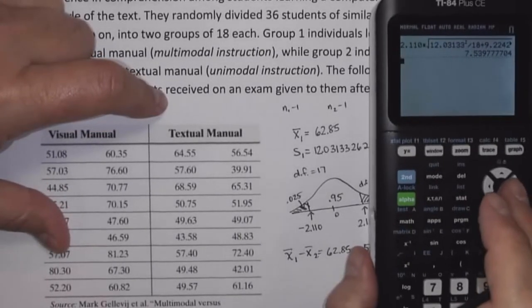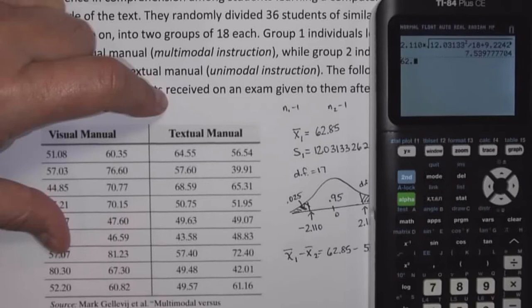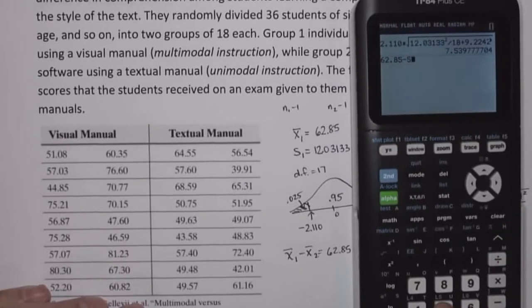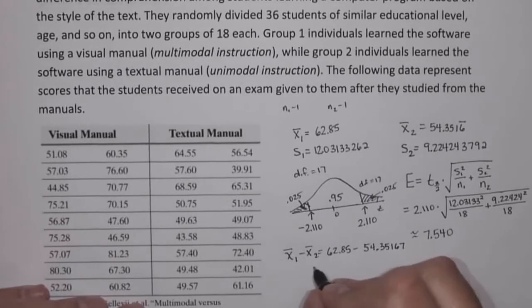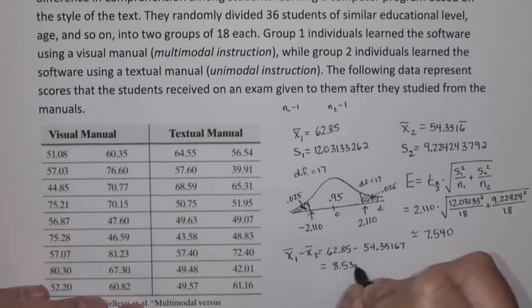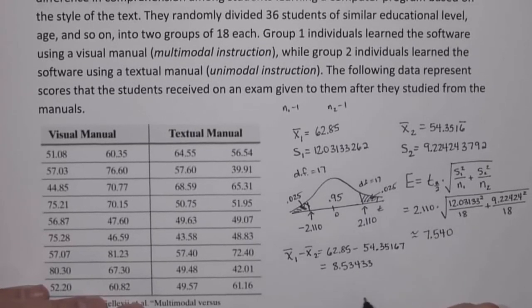So 62.85 minus 54.35167, and so that is 8.53433. So this difference is approximately 8.53433. That is my point estimate for the difference between the visual and the textual manual students.